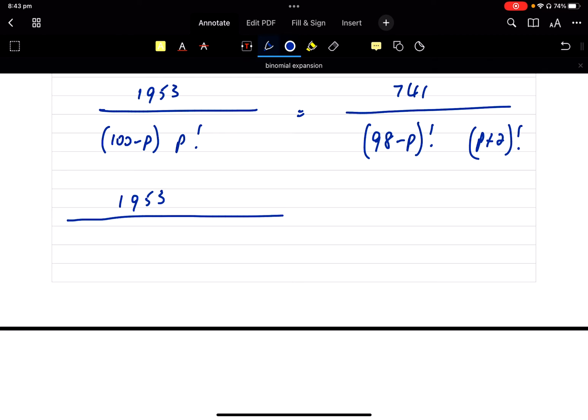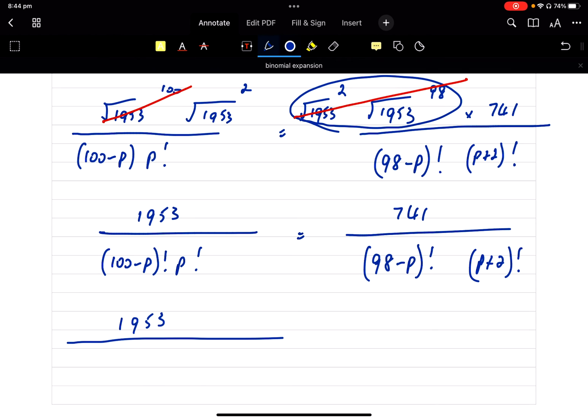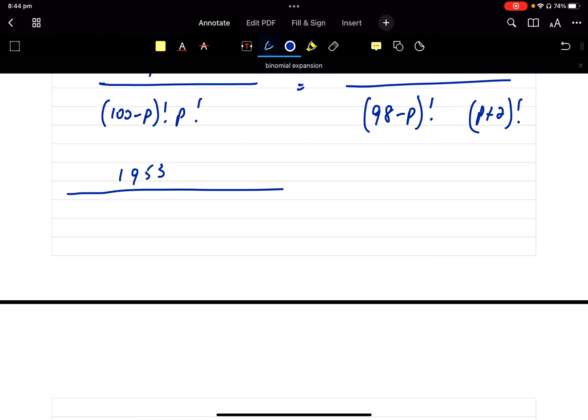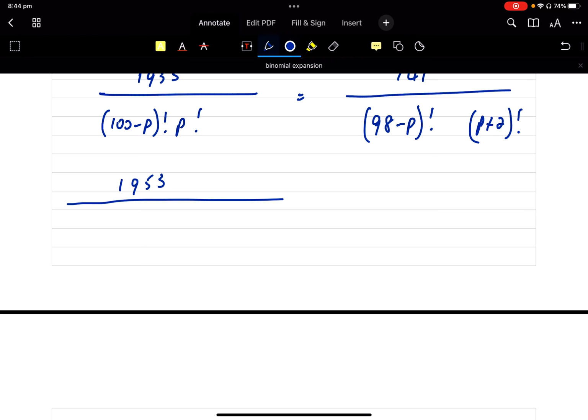Clearly, I'm going to need to do something with this 100 minus p. And I'm going to want to get as close as I can to 98 minus p. So that's factorial, isn't it? Sorry, drop the exclamation mark. So it's going to be 100 minus p. What's 1 less than that?